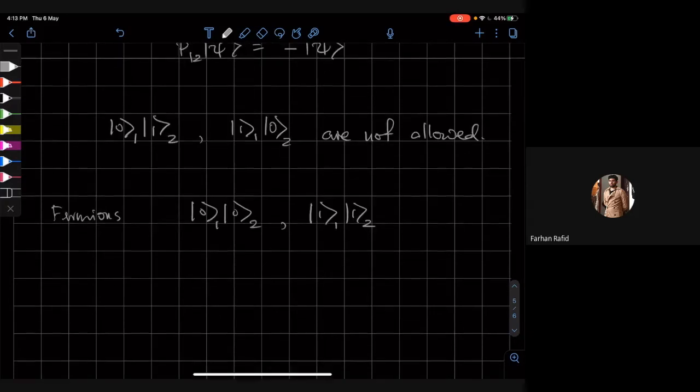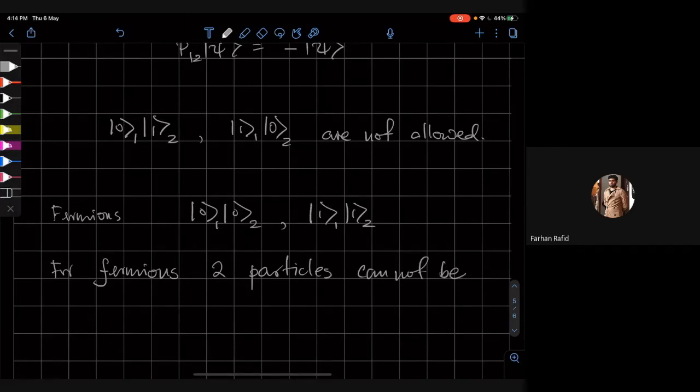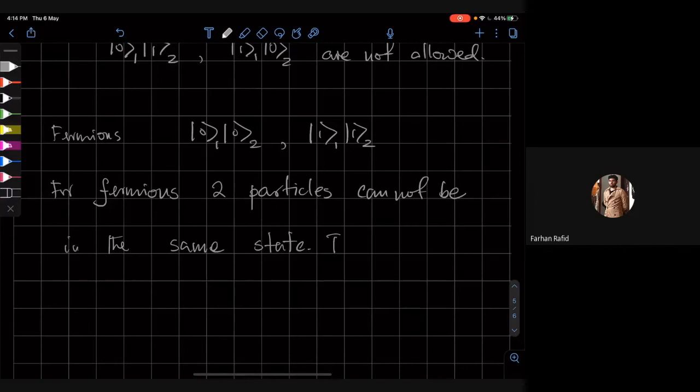So this means that for fermions, two particles cannot be in the same state. And this is also known as the Pauli exclusion principle. Okay.